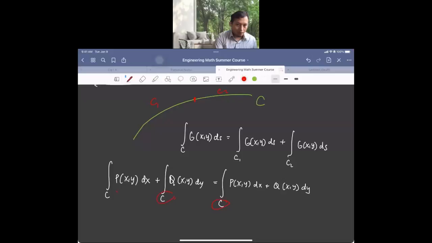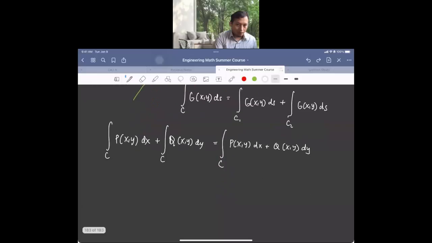We can combine them because we have the same curve. Of course, if you are thinking of regular integrals, we cannot separate or combine with different variables. But here we can do this. Or simply we could say the line integral of p dx plus q dy.